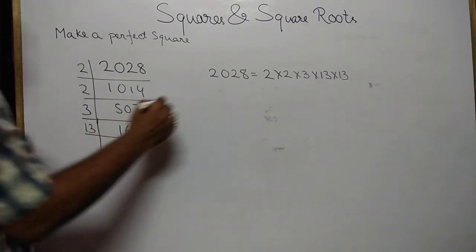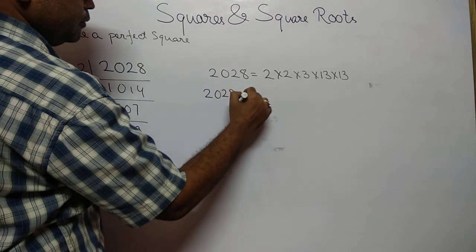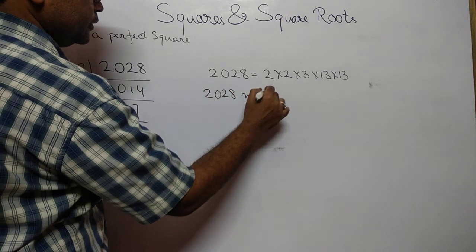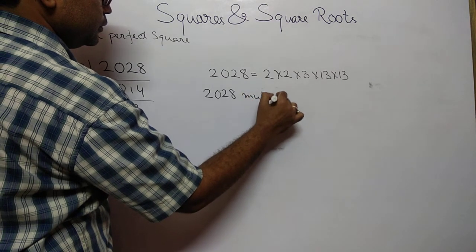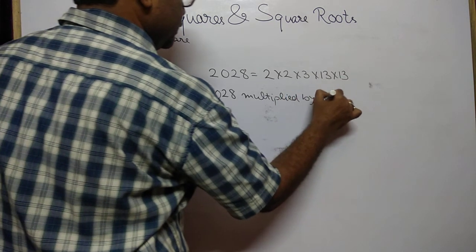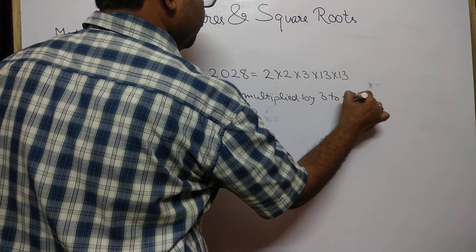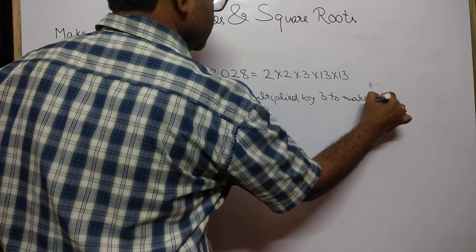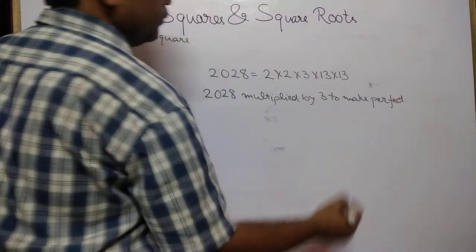So we can write down 2028 must be multiplied by 3 to make a perfect square number.